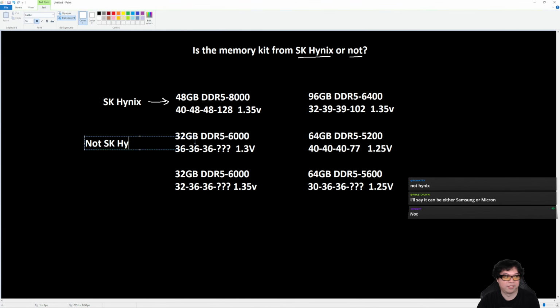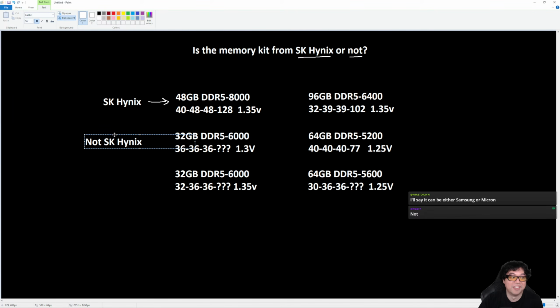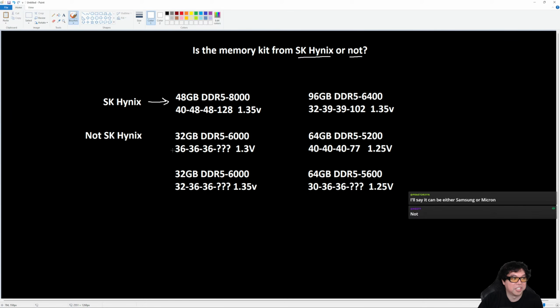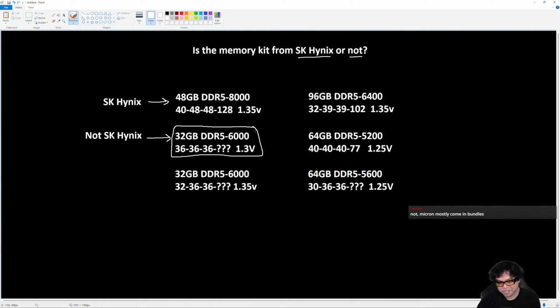This is not SK Hynix memory. It is definitely not SK Hynix memory. Does anybody want to take a guess? This is where it's like, who knows, right? I know the answer, but do you guys know the answer? Who actually made this memory? We know that it's not SK Hynix, so who made this memory kit?